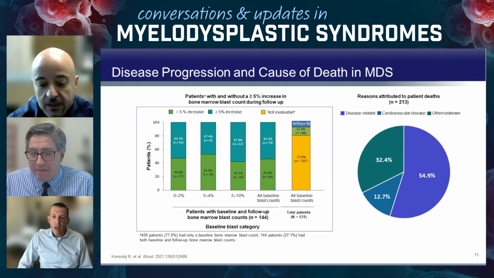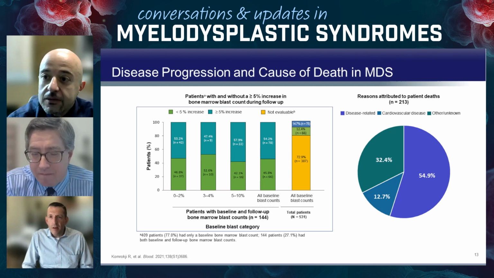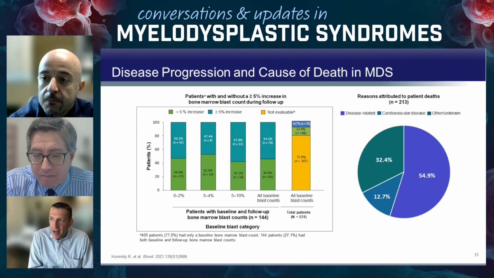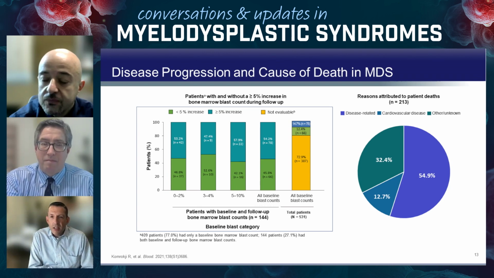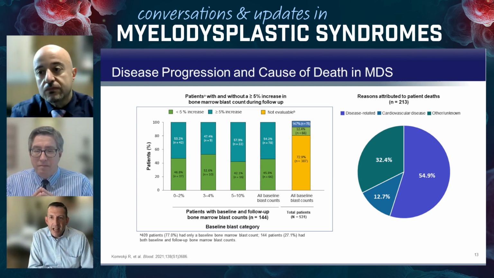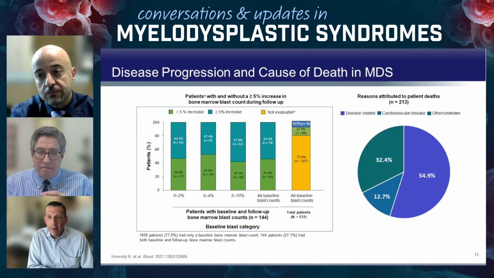Right. Well, the point that you just made, Dan, about one pathologist to another: we've done a study through the NHLBI MDS Natural History Study where we looked at agreement between local pathologists and specialized central pathologists for diagnosing MDS.